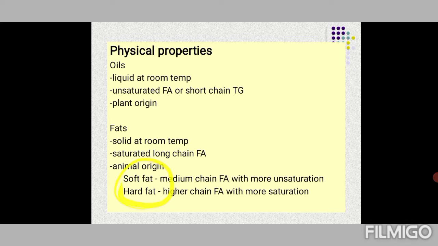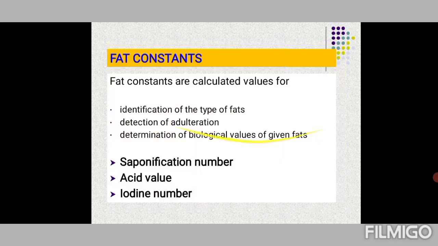And there are soft fats and hard fats. Soft fats, in comparison to hard fats, will have more unsaturated fatty acids, whereas hard fats will have fewer unsaturated fatty acids. And fat constants are some calculated values of fats with which we can compare different types of fats of different origins.